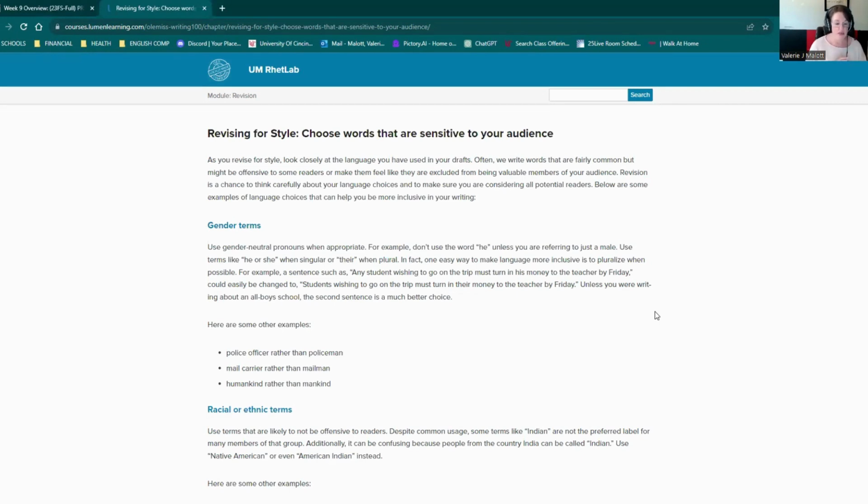So now it is completely acceptable to use the gender neutral pronoun, the singular they, THEIR. That is accepted by all of the major writing governing bodies. So MLA, APA, Chicago, all of those people who govern how we write and the style that we use. The singular they is now completely acceptable.